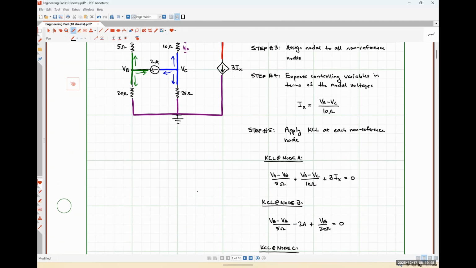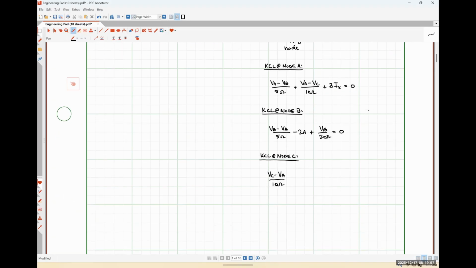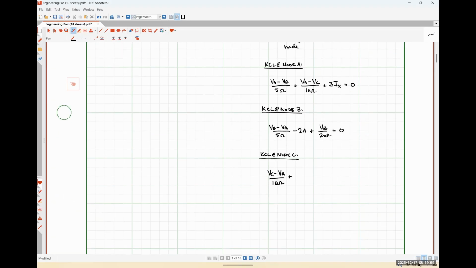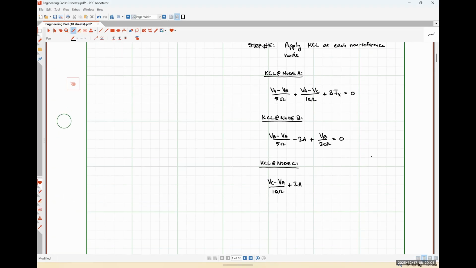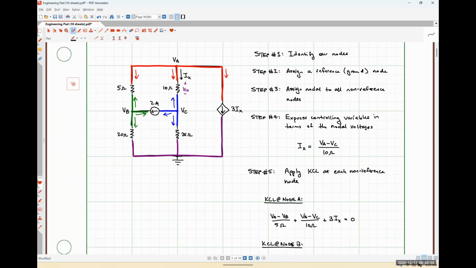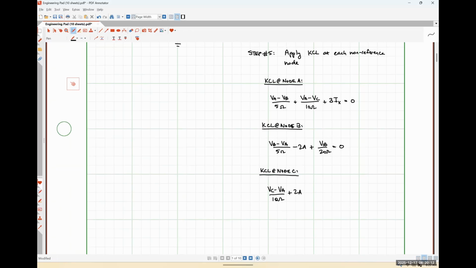What's the current flowing to the left through the current source? Positive 2 amps, because that arrow in blue is in the same direction as the current source. And lastly, the current flowing down through the 25 ohm resistor. VC over 25.